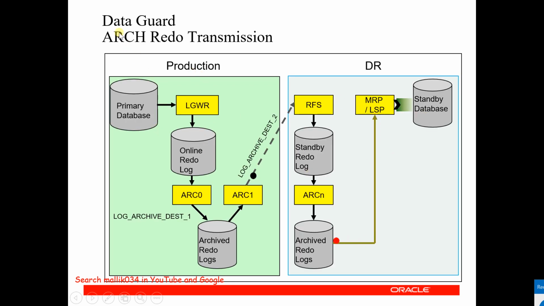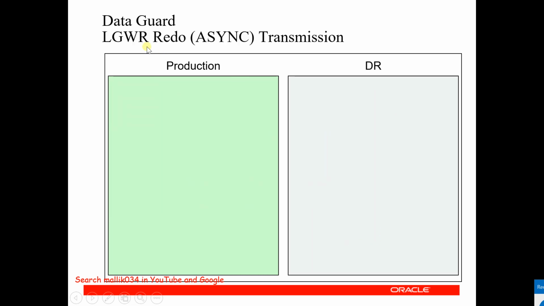This is called redo transmission using archive: first you generate the archive log at the production side, ship it to the secondary, archive at the secondary side, and then apply using the MRP process.